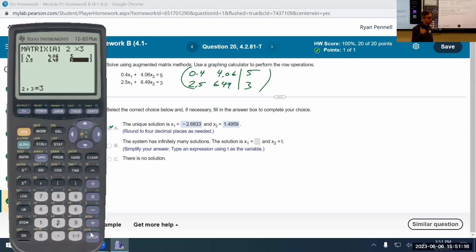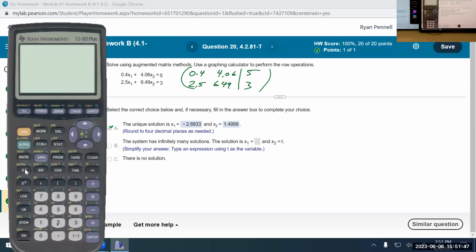It's in there. But I got to do something with that calculator. I want the calculator to do all the arithmetic for me and just spit out the answer. So the next thing to do, I want to go to the home screen. So let's go here and we want to find reduced row echelon form, RREF.